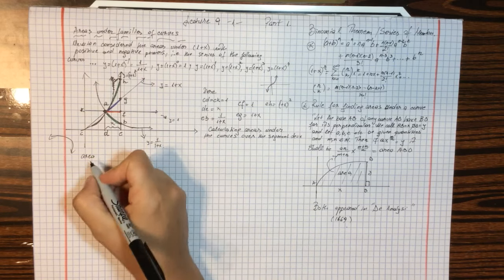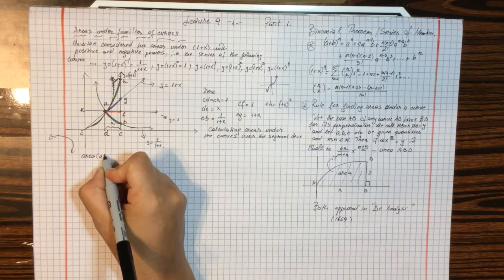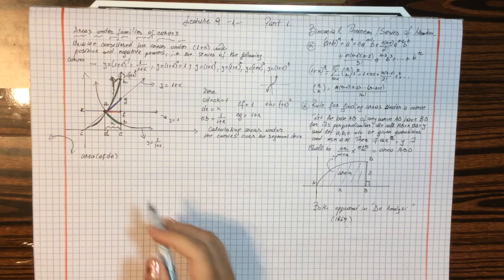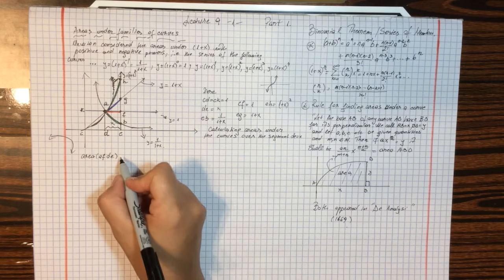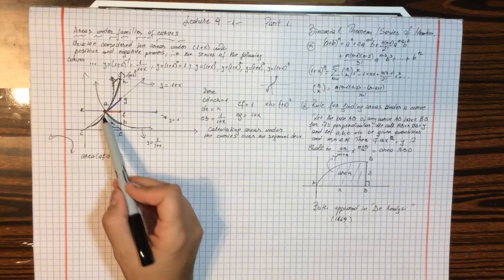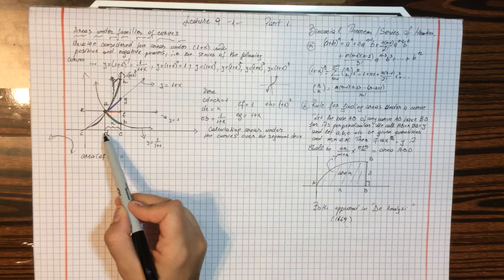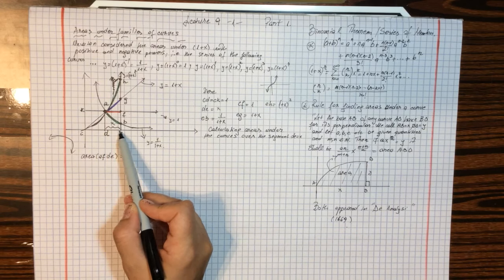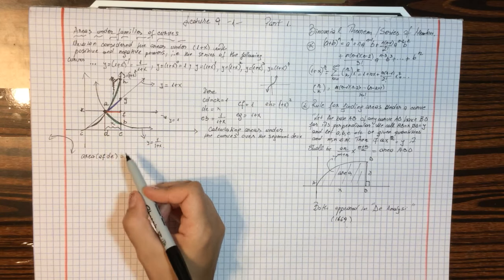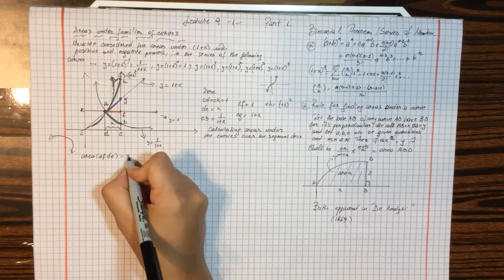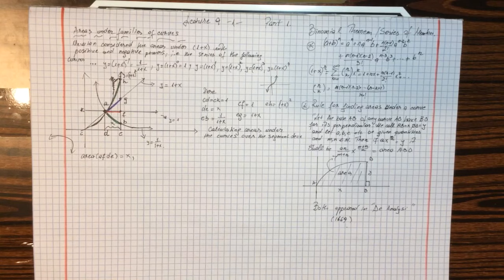Okay, so area AFDE, that's a rectangle. The rectangle has the length of the base x and the height 1. So 1 times x is just x.